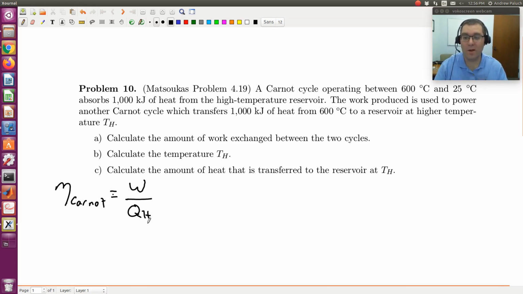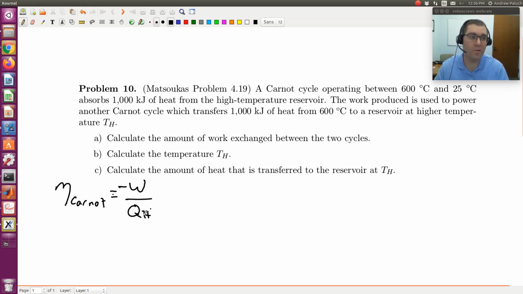So the efficiency of my Carnot cycle is equivalent to my desired output, which is the work, over required input, which is Q. Now W is work done by my system on the surroundings, so I know that'll be negative. QH is heat added to my system, so it's going to be positive. So I add a negative sign here, just to make sure that it's positive.